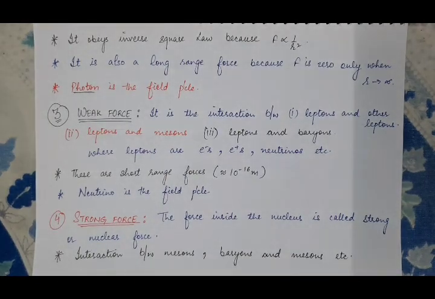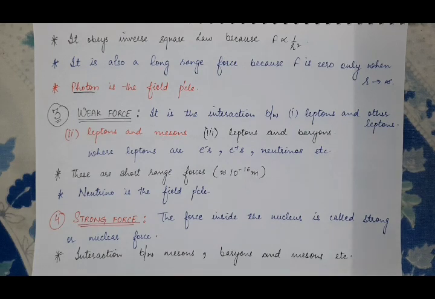So the next force is the weak force. You will study about this weak force and the strong force in your nuclear and particle physics in 6th semester. So here we are just studying these forces briefly. So what is weak force? It is the interaction between leptons and other leptons.